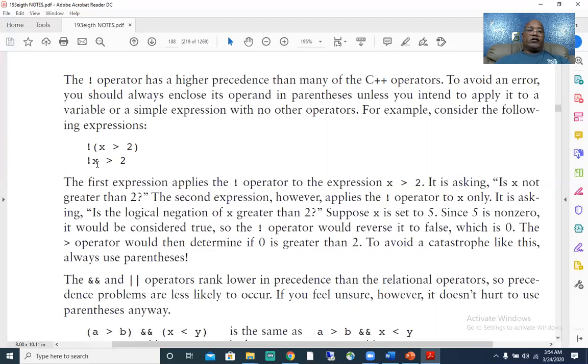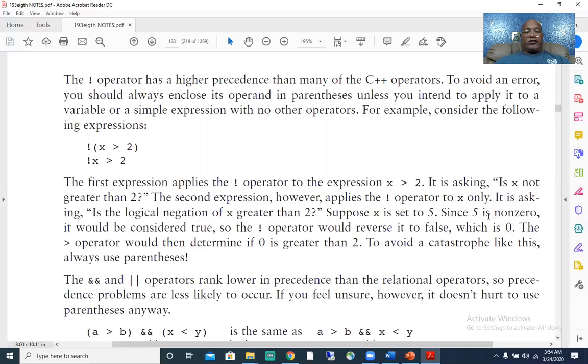So looking at this expression, no matter what the x value is, once you see this not here, it's either going to be comparing 0 greater than 2 or 1 greater than 2, which would always yield to be what? False. Okay, so that's all it's saying. Suppose x was set to 5.